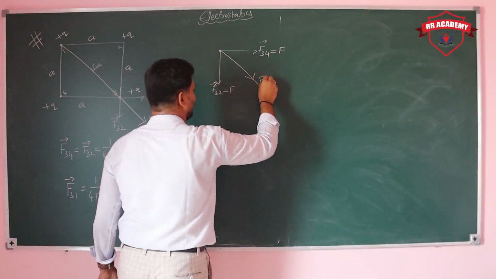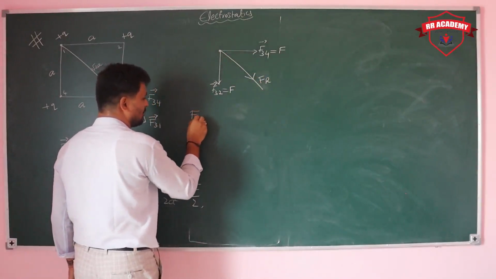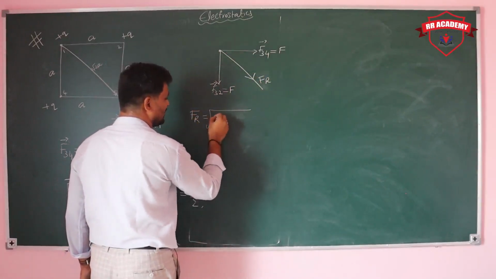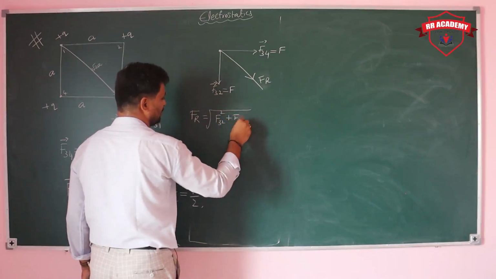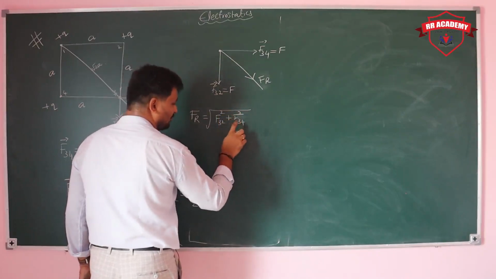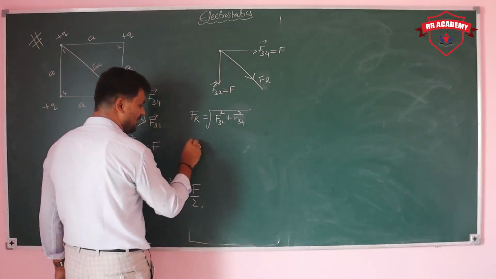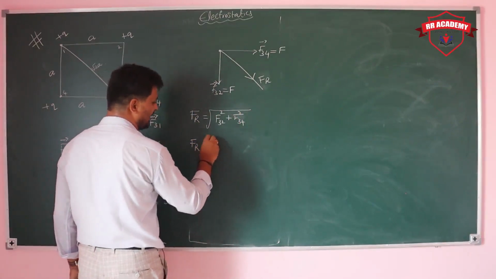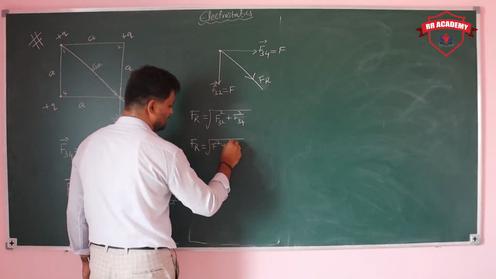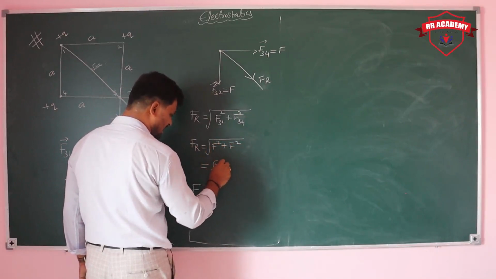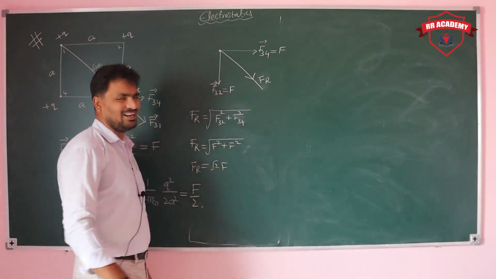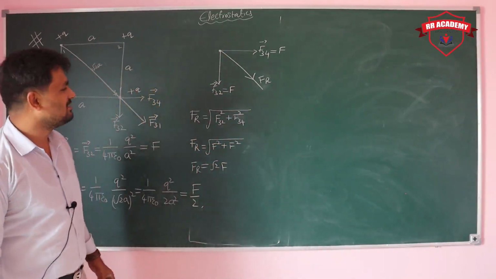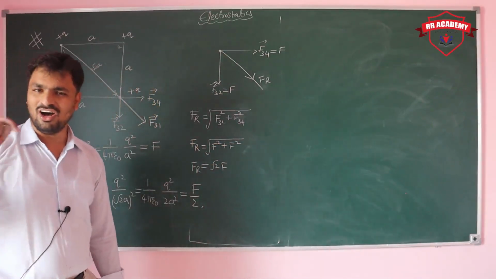The resultant will be under root F32 square plus F34 square. Substituting the values, F square plus F square gives √2F. So this is the resultant of the forces of 4 and 2 on 3.